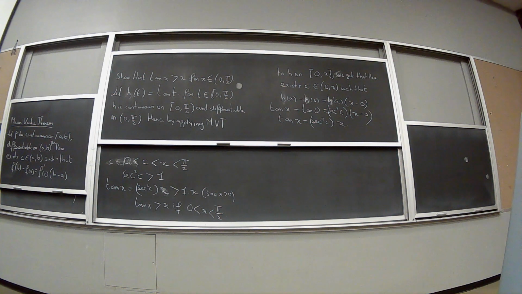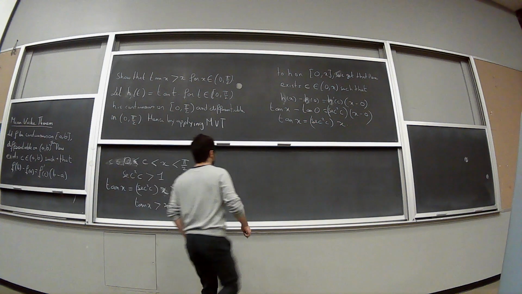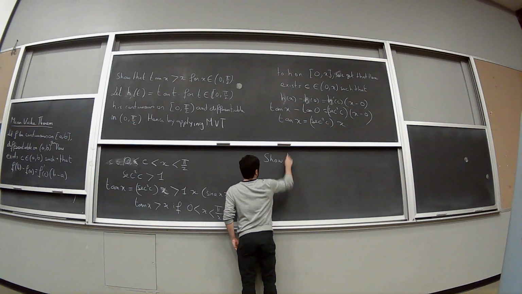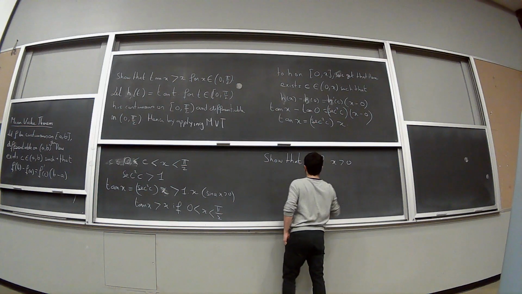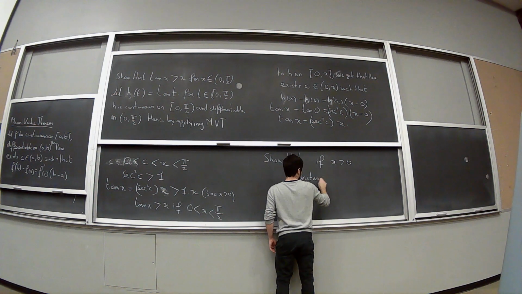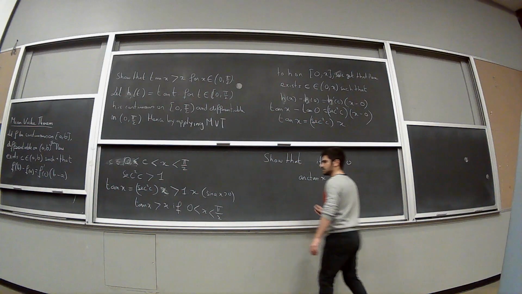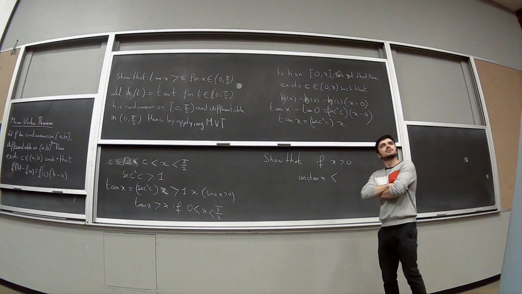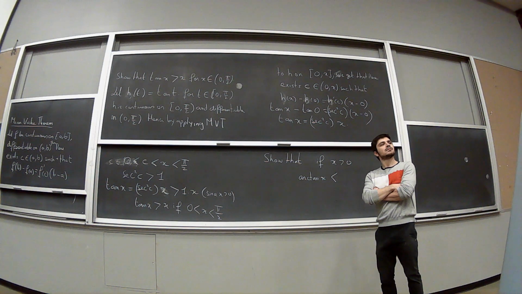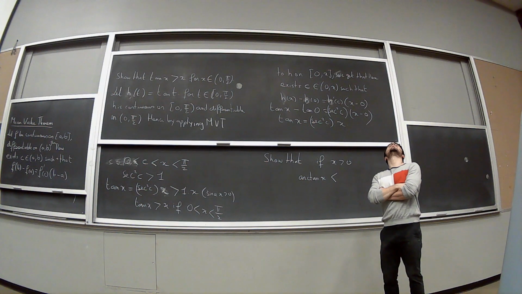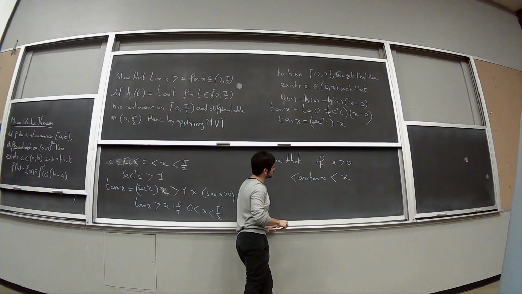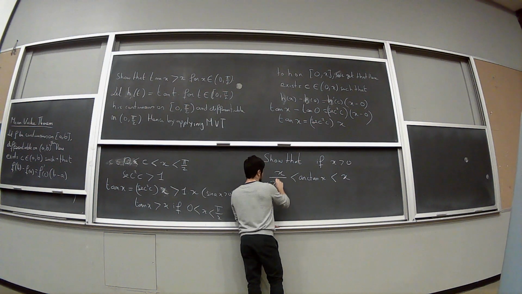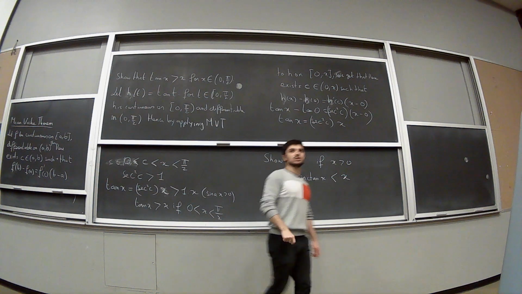I don't know if we should do one more, but let's do one more. Show that if x is positive, then arctan x is less than x and strictly bigger than x over x squared plus 1.